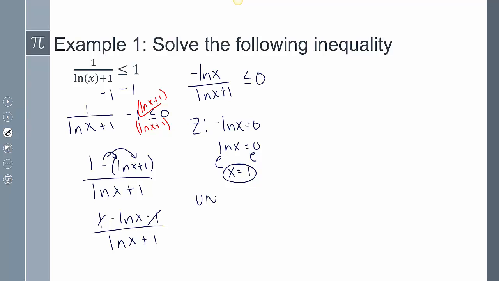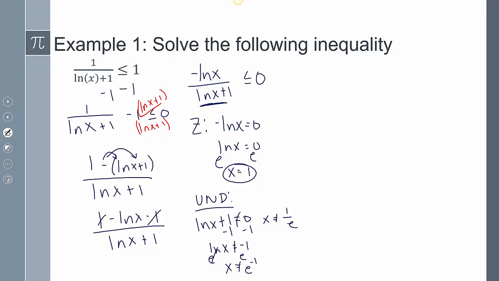Then my undefined values. The first one is the denominator can't be 0. So if I do ln x plus 1 cannot equal 0, subtract 1 on both sides, ln x cannot equal negative 1. Well, if I do base e to both sides, x cannot equal e to the negative first power, which is x cannot equal 1 over e.